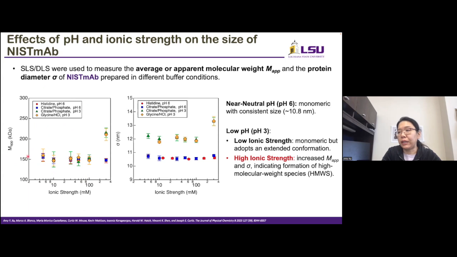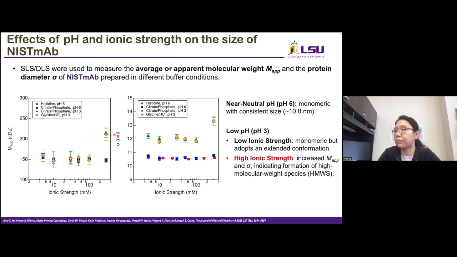At pH 3, from ionic strength of 5 millimolar to 100 millimolar, the molecular weight measured remains quite similar to pH 6, also at 150 kilodaltons. But as soon as ionic strength increased to 300 millimolar, there's a significant increase in the measured molecular weight, suggesting the formation of high molecular weight species, presumably due to the self-association of the NISTmAb molecules.